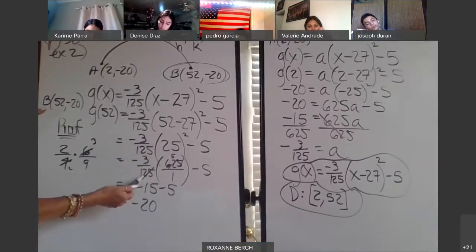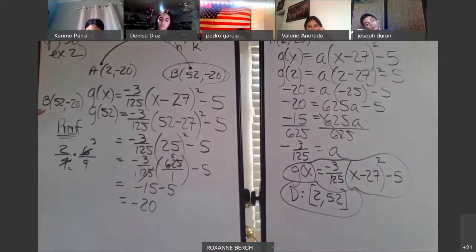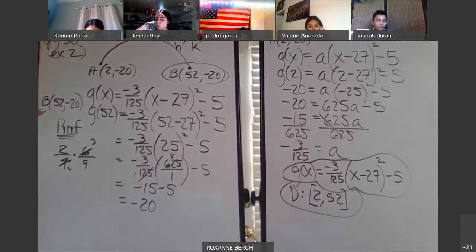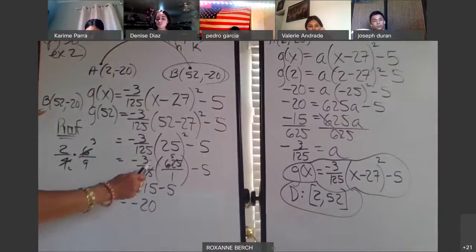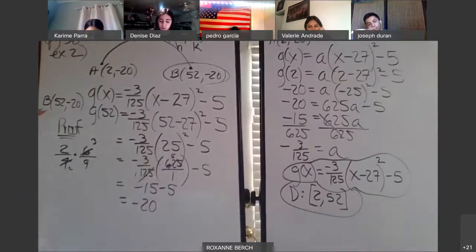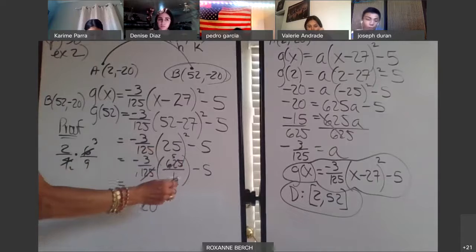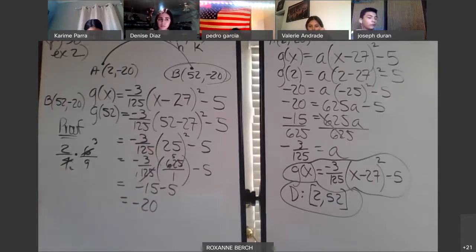So I'm dividing this by 125 and getting 1 and dividing that by 125 and getting 5. So 125 times 1 is 125 and 125 times what gives 625, that's 5. And so then negative 3 times 5 is negative 15 minus 5 is negative 20. So I'm multiplying, I'm cross canceling, I'm multiplying fractions.